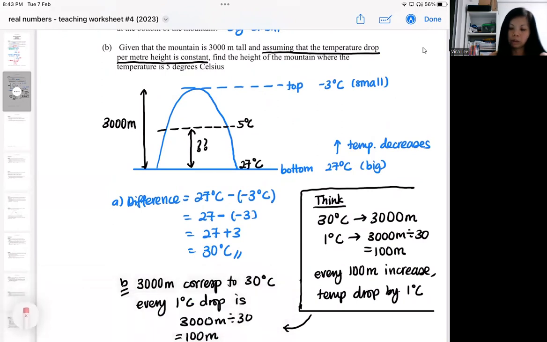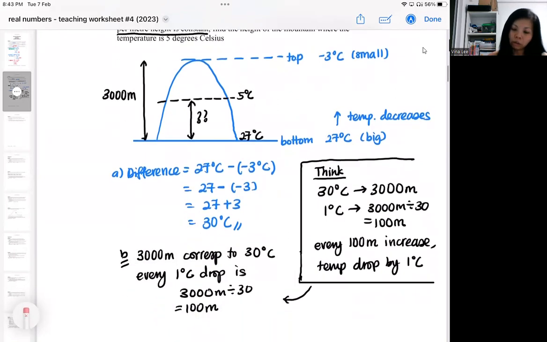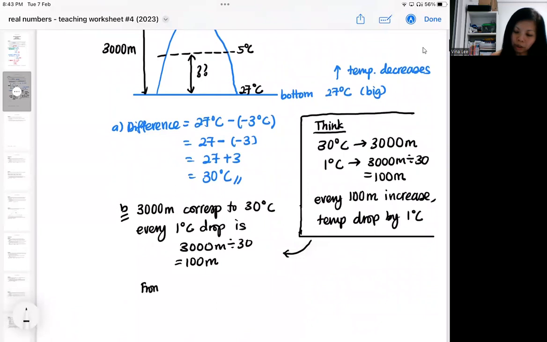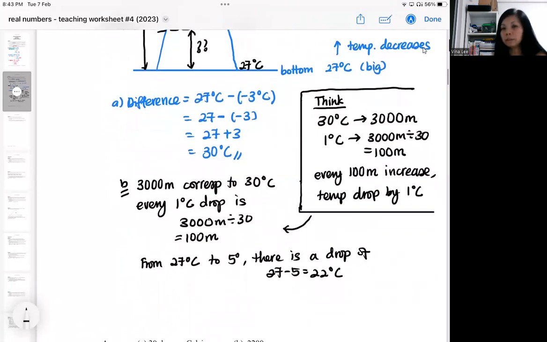And then we want to observe how far it will be when the temperature is 5 degrees. That means you also must have the understanding that from 27 degrees to 5 degrees, there is a drop of 22 degrees. So the temperature dropped 22 degrees.